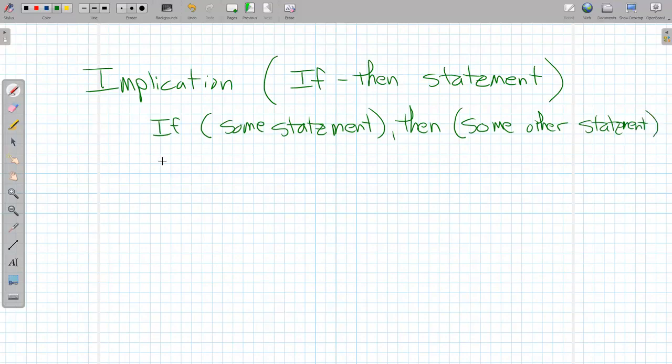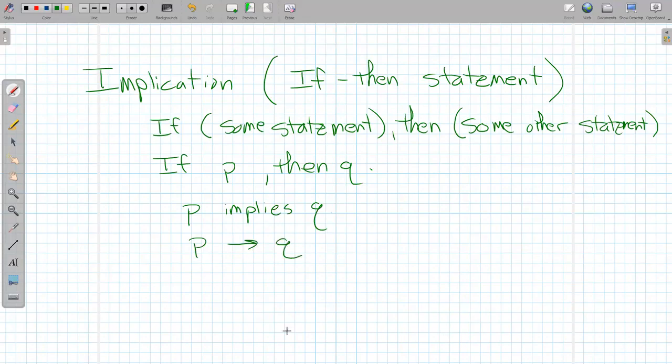Sometimes an abbreviation for this is if P is some statement, then Q would be some other statement. So sometimes we let a letter represent a whole simple sentence. Another way to write this would be a P with the word implies next to it, and then Q comes next. Often it's written as P with an arrow and then Q on the other side.